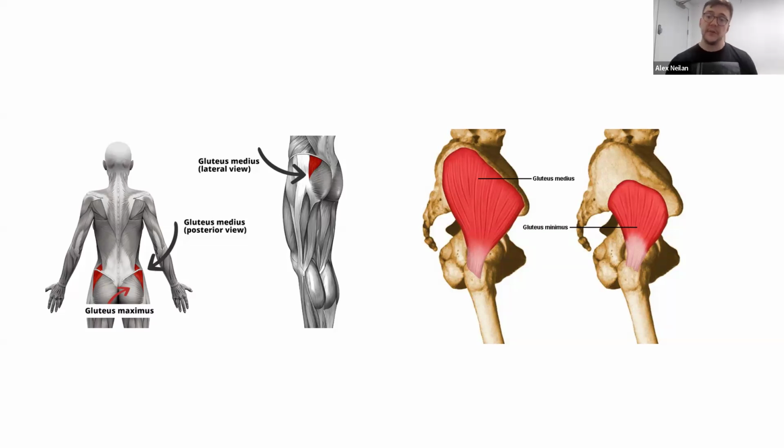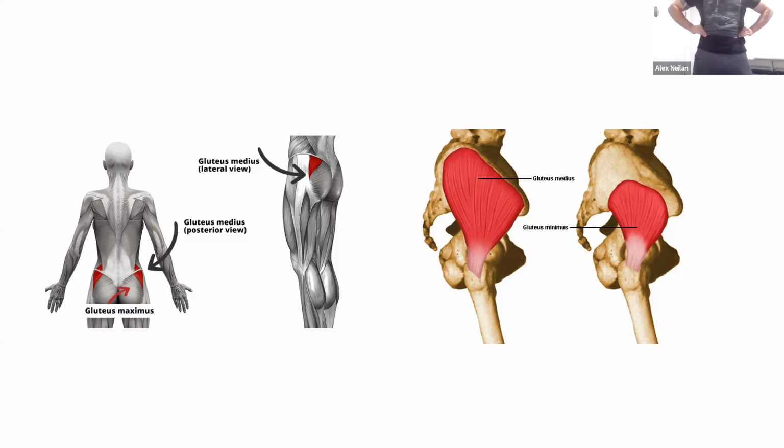So abduction. Now we're looking at this person from the side here. So we're looking at glute med and glute min, or glute medius and glute minimus. These muscles attach, and for those of you that want to try it, you can stand up. They attach between your iliac crest, that is the top of the pelvis just here. You can all probably feel that if you dig in.